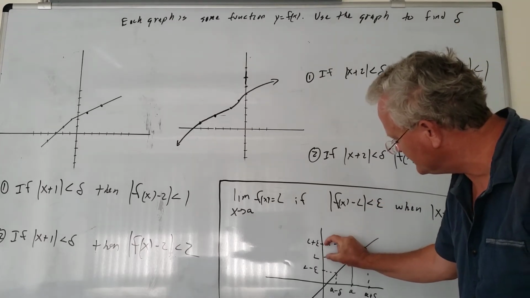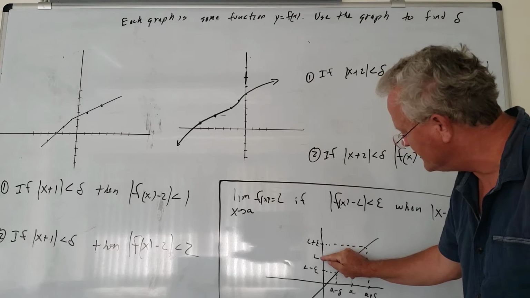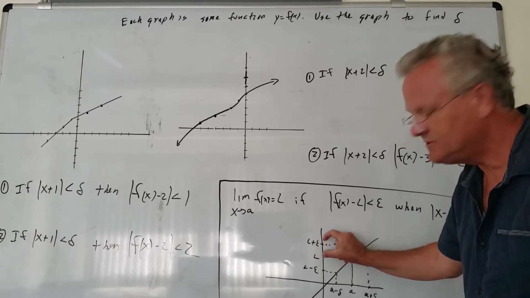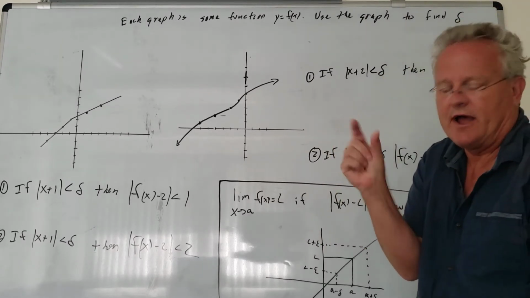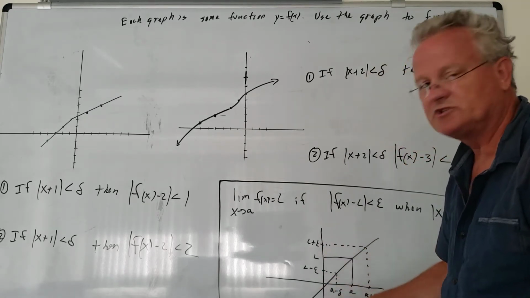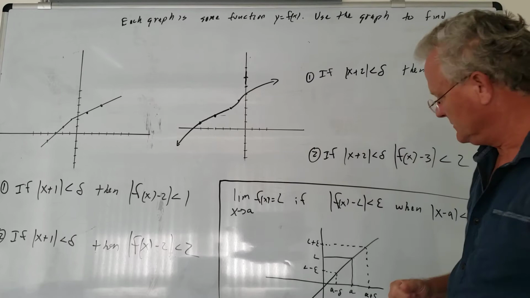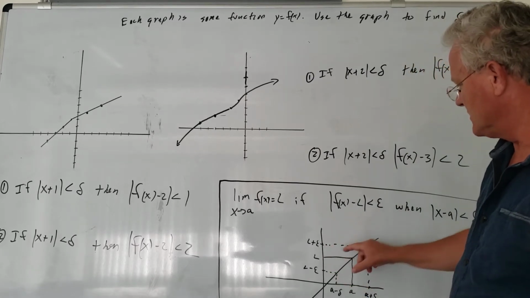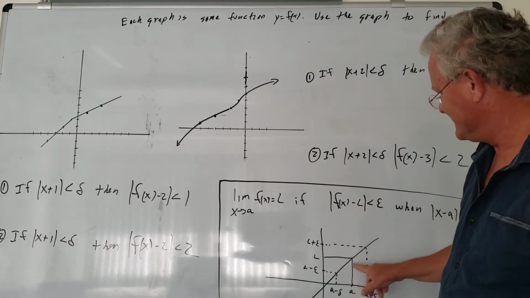So this distance is epsilon. I added some amount to L, some number epsilon, and subtract the same amount. So this is what's called my epsilon neighborhood, all right? That's the idea here.